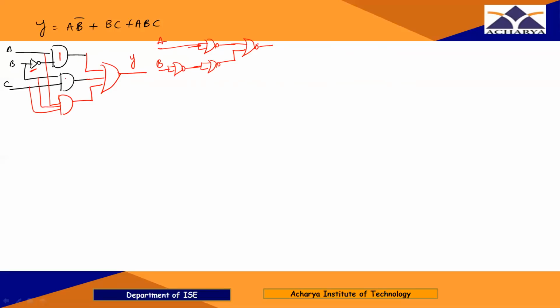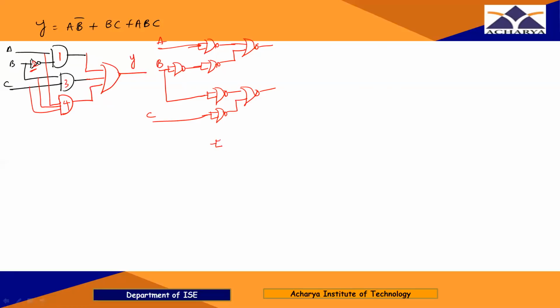Next, I have one more gate. This is second and this is third gate, which is also an AND gate. So AND gate equivalent NOR gate is this. So this is for the third gate. One input is from B and another input is from C. And I have one more AND gate, that is fourth gate, which has three inputs.